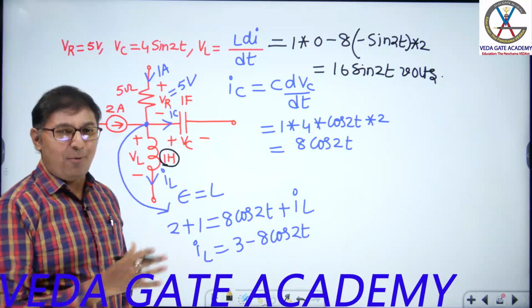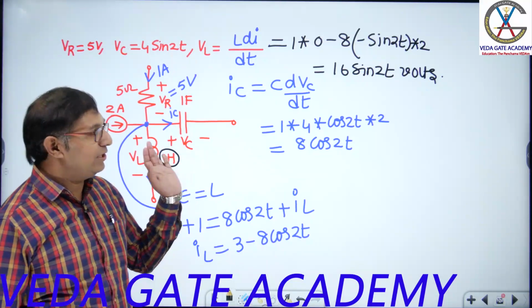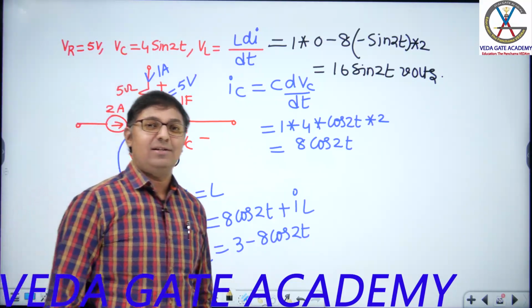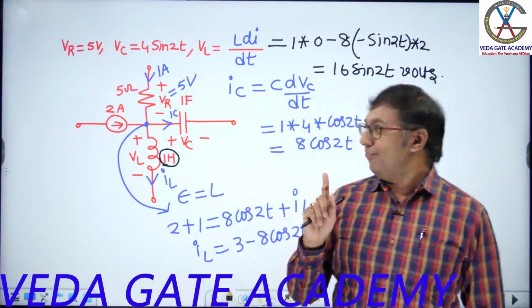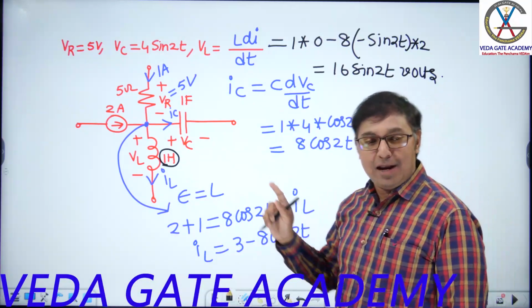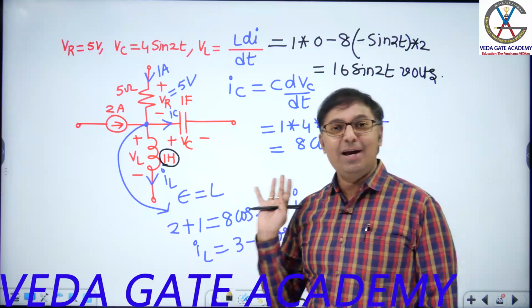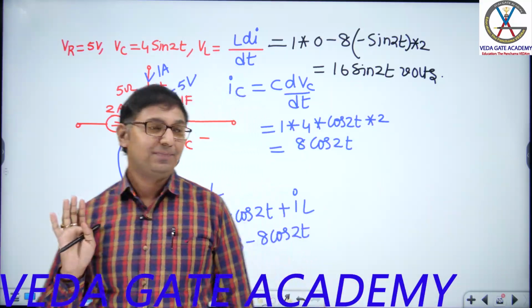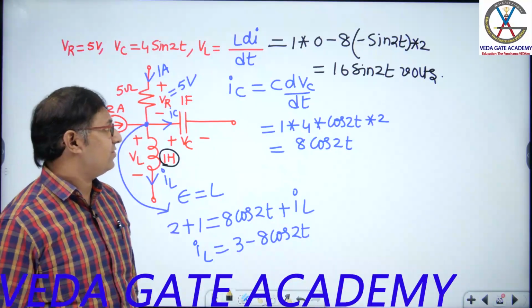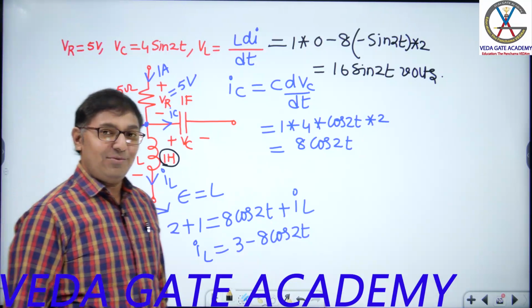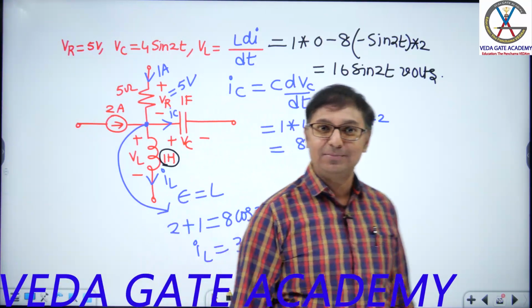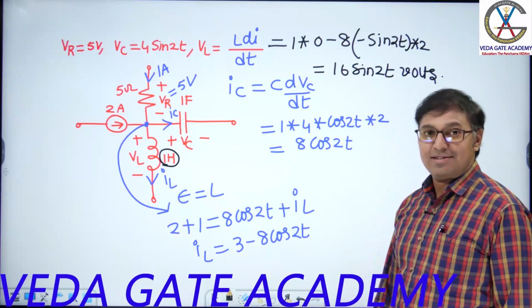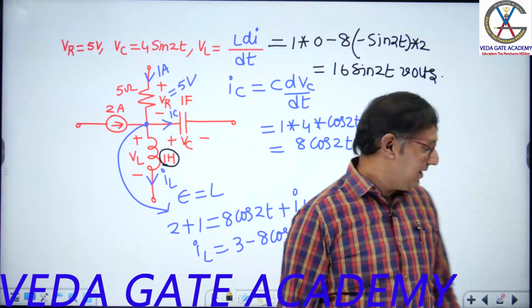A lot of points are involved, but doing this problem is simple: VR given, VC given, calculate the current through the inductor, and L di by dt gives you VL. Is it okay for you? Right, let's go to the next question.